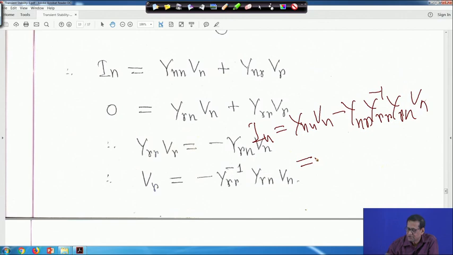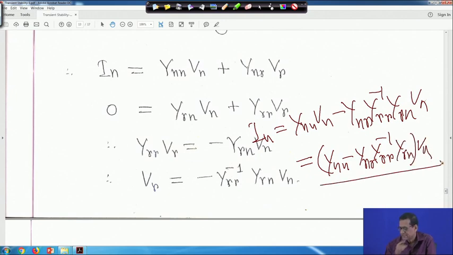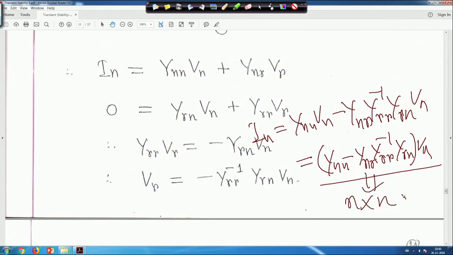If you take your Vn common, then it will be Ynn minus Ynr Yrr inverse Yrn, then Vn, right. So, this matrix actually reduces to n into n, I mean the number of generators n, so it will be an n into n matrix.